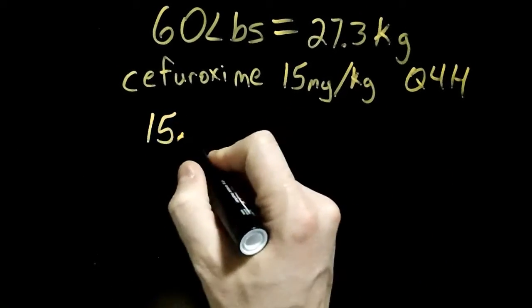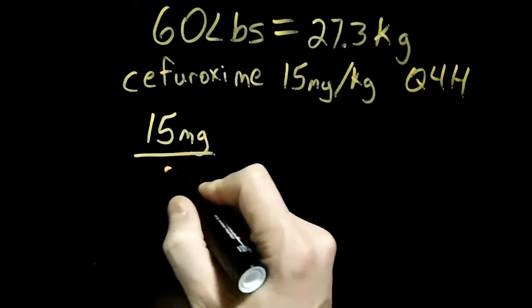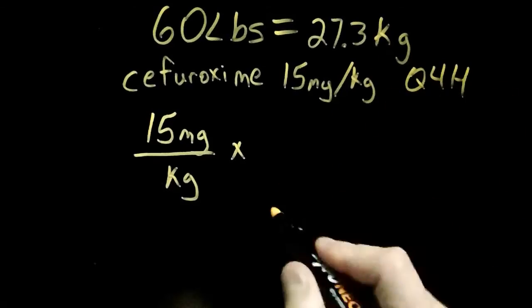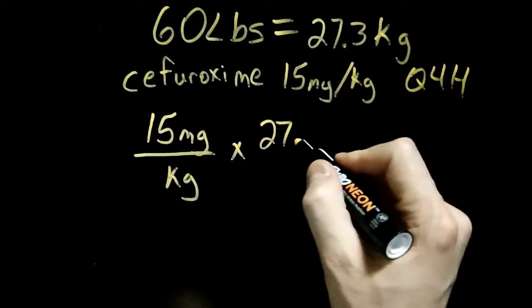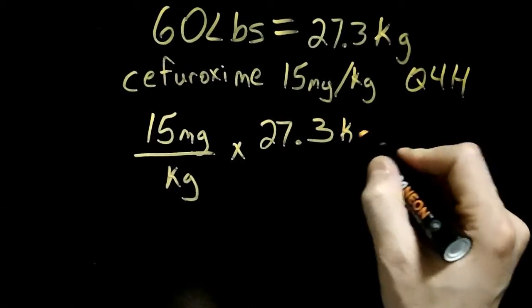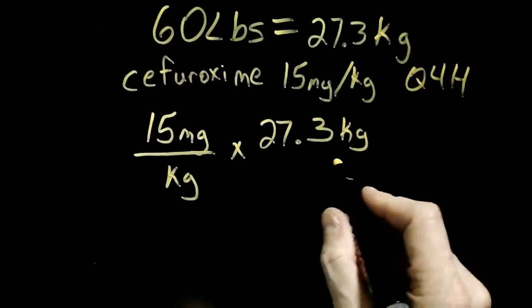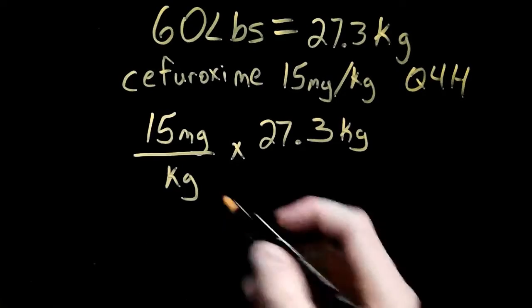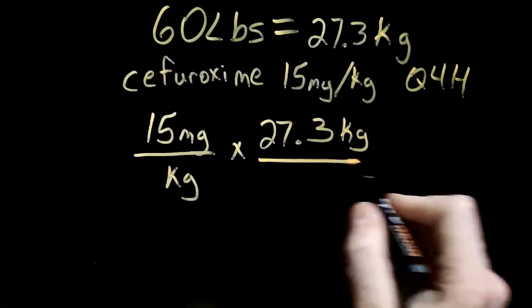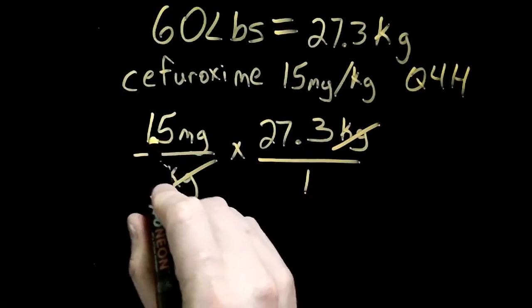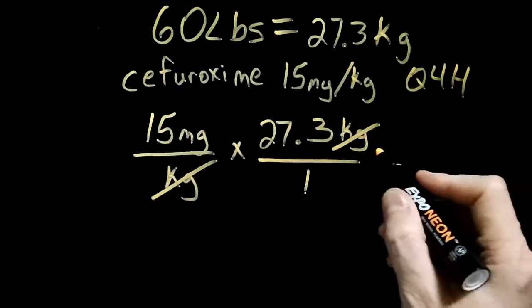So I have 15 milligrams per kilogram, and I'm going to multiply that times the weight, which is 27.3. Now why am I wanting to do that? Because basically in the end I want to make sure I just have milligrams. The question in the end was how many milligrams per day the child received. So by the end I only want to have milligrams, so I can cancel the kilograms out, and then all we'll have to do is 15 times 27.3.